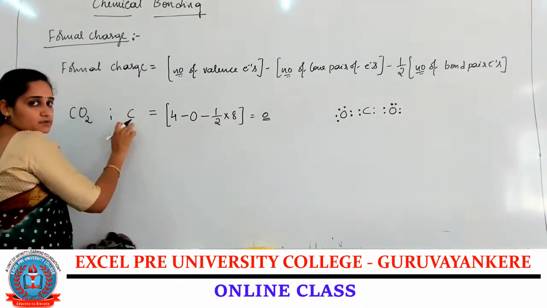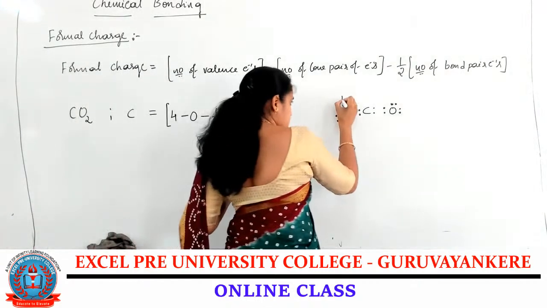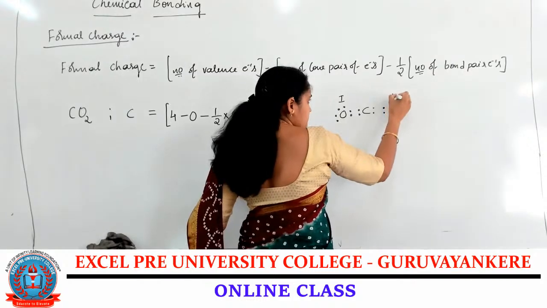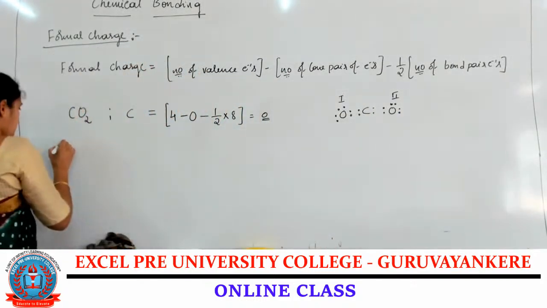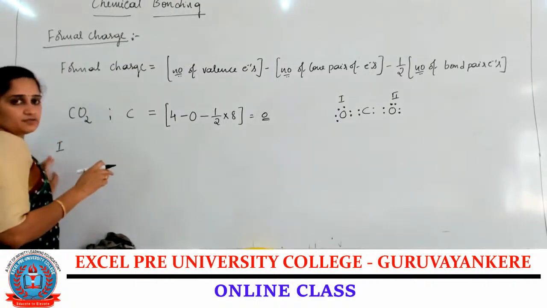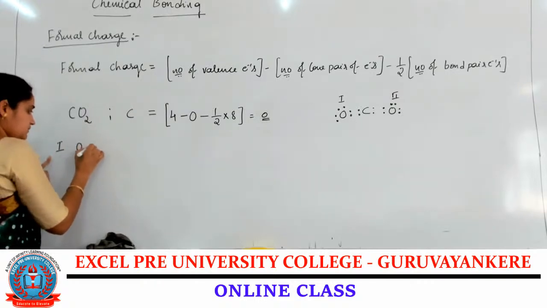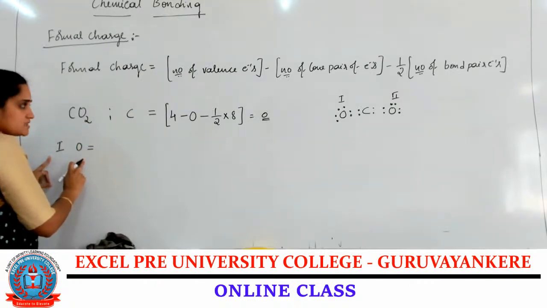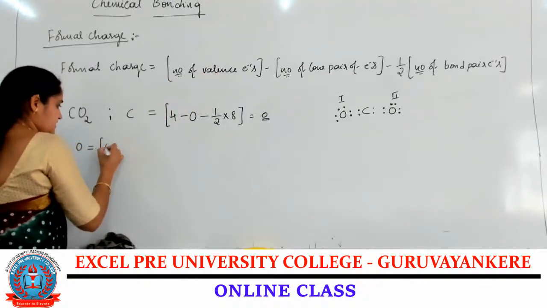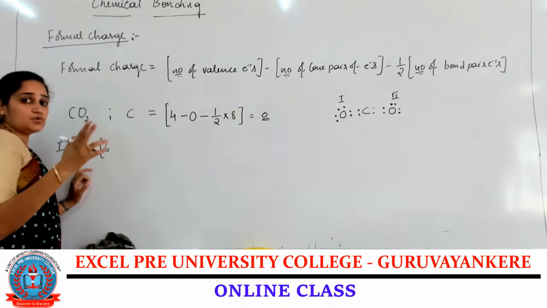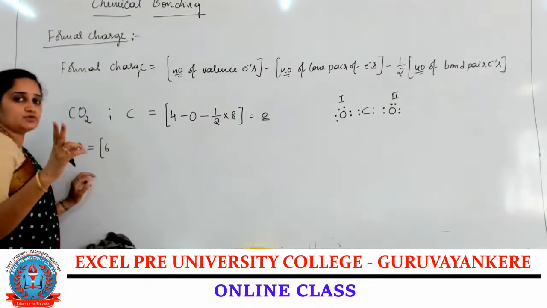This we have calculated for the carbon atom. Next, consider the oxygen atoms: this is the first oxygen atom, this one is the second oxygen atom. Now calculate the formal charge on the first oxygen atom. The number of valence electrons is 6. There are 2 lone pairs of electrons and 2 unpaired electrons.